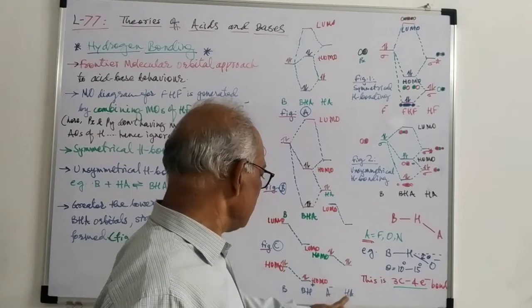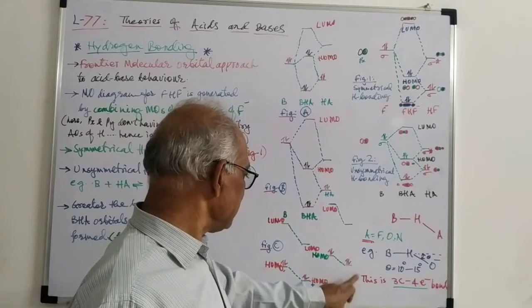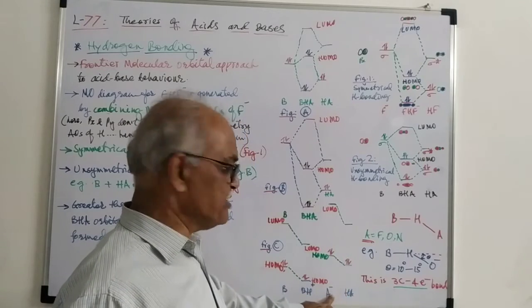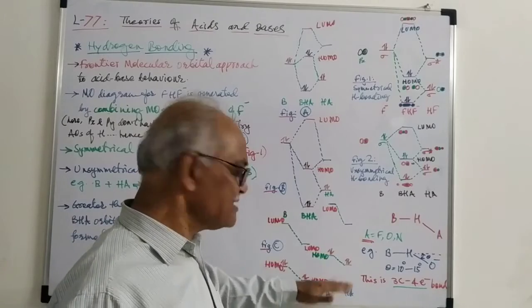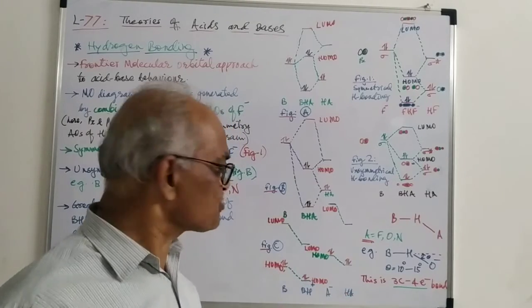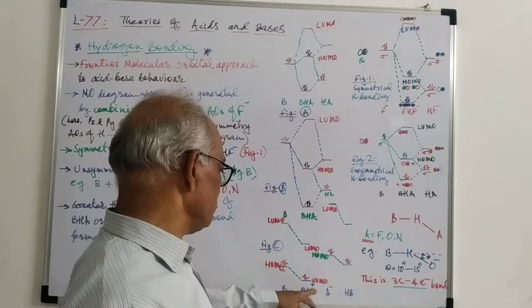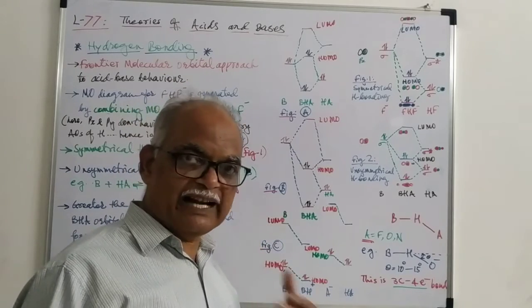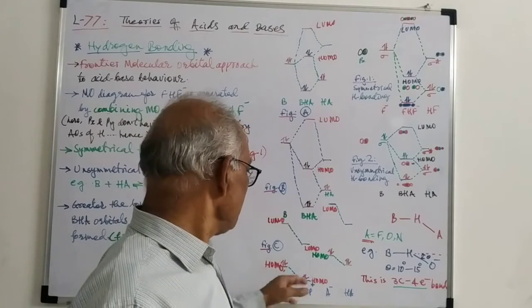You can consider this HOMO of this boron and HOMO of this HA or A minus are relatively at higher energy. So this does not provide suitable condition for undergoing linear combination. So this shows that this type of formation will not be possible.